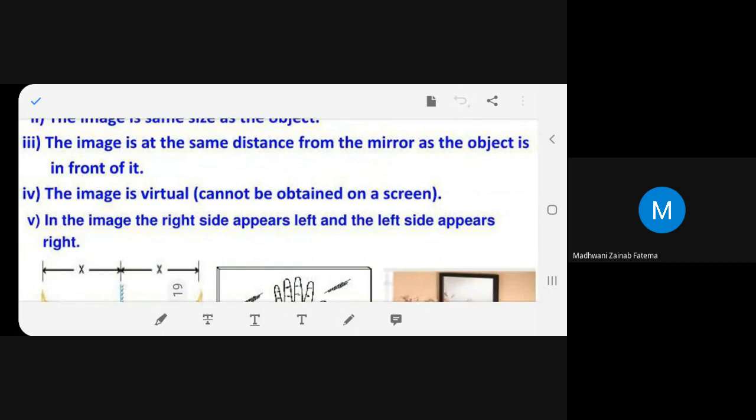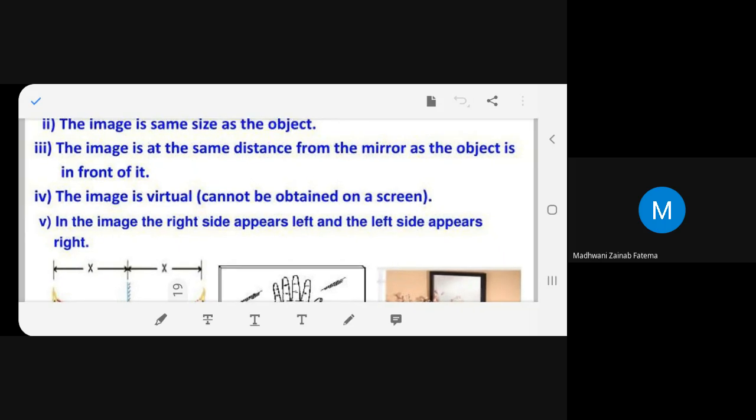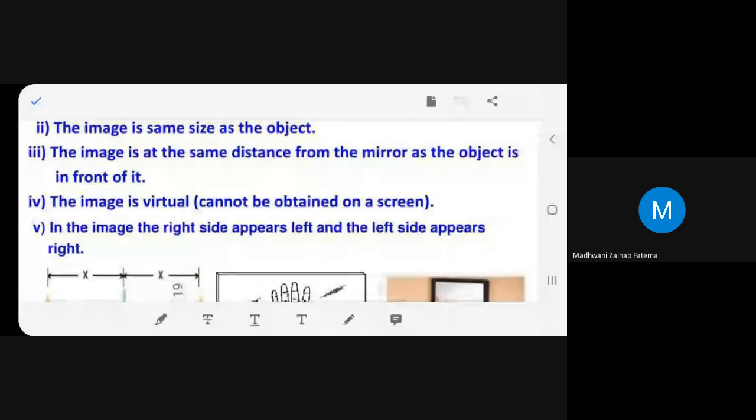Now third, as you move away from the mirror, your image also goes away from the mirror. You agree? Yes, ma'am. Towards the mirror, the image also comes near the mirror. Yes or no? So this also you agree. Fine. That means the distance of you in front of the mirror and the distance of the image behind the mirror is the same.